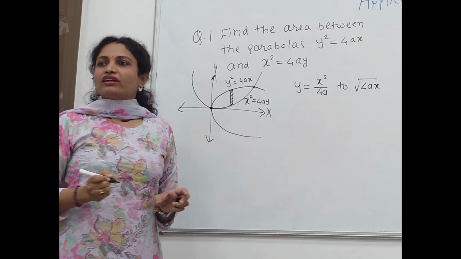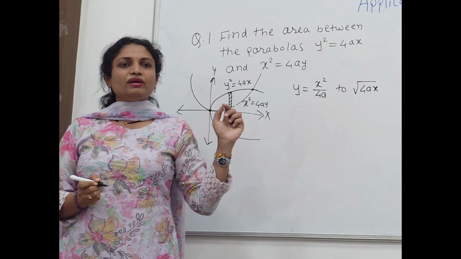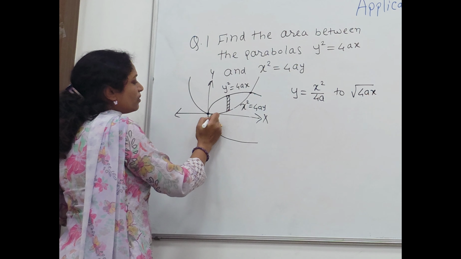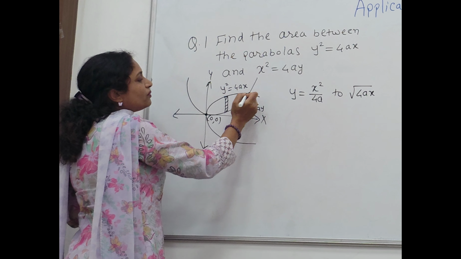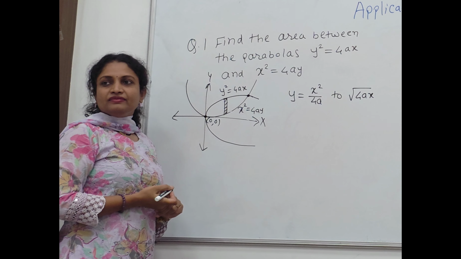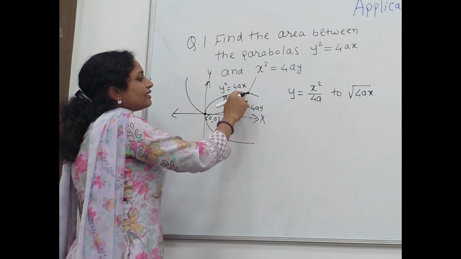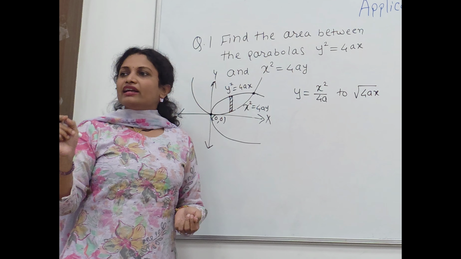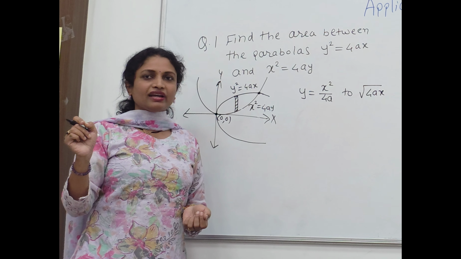Now as we got the limits of the y variable by the vertical strip, by default the limits of x will be constant. Here you know by default one point will be 0, 0. What can you say about the other point? You need to find it, right? This point we get by the intersection of these two parabolas. Whenever you are asked to find the point of intersection of two curves, how do you get it?